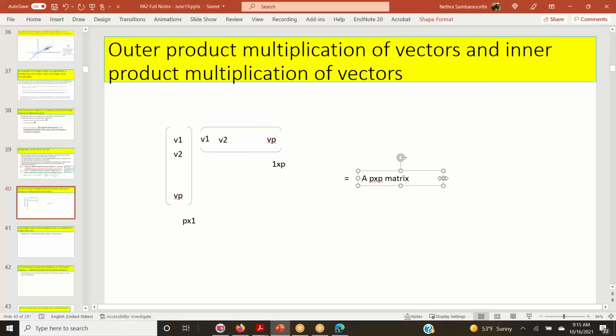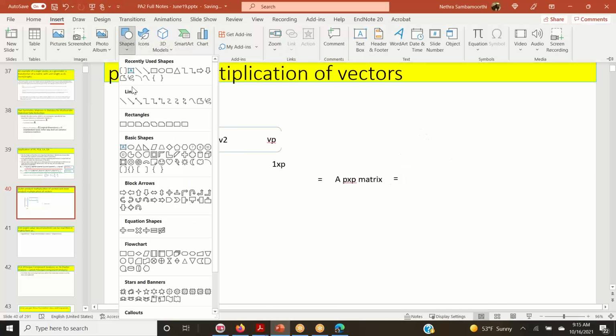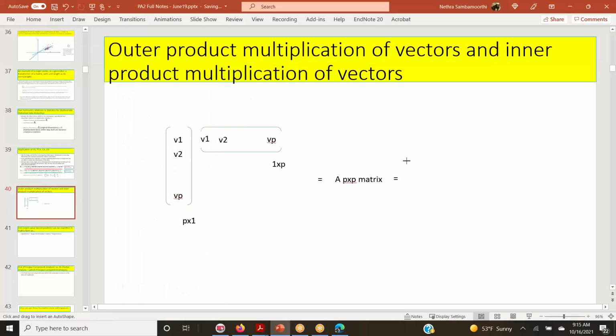So it will become a P by P matrix. This is called the outer product. So it's a matrix again. I just want to express it fully. For lack of other notation, I'm going to put it here like this.